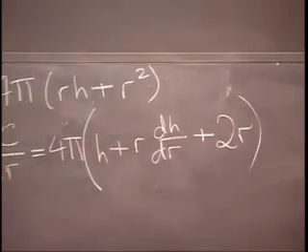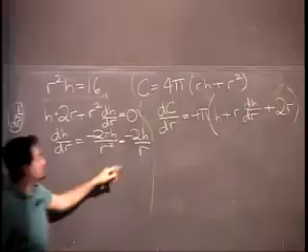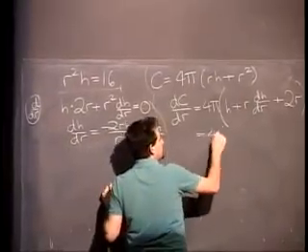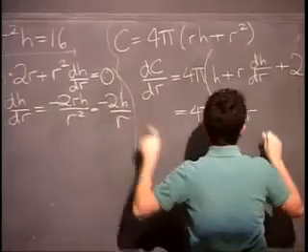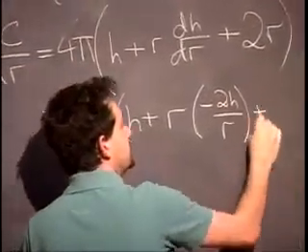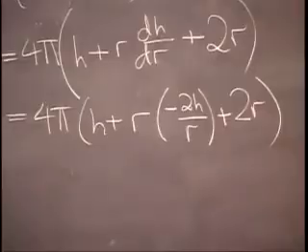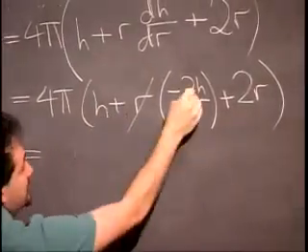The next thing is to eliminate dh/dr. Maybe that's easier. If we do this, we get 4 pi times h plus r, and dh/dr is minus 2h over r, plus 2r. And if you work this out, the r's cancel, and you get h minus 2h.